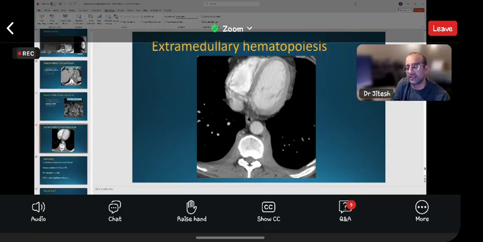When we see bulky lymphadenopathy involving more than one compartment, they're aggressive tumors, small cell lung cancer, right? It is difficult to differentiate those tumors from lymphomas when imaging a patient for the first time. Lymphoma is the most important differential when we have multi-compartment lymphadenopathy, which could be small cell lung cancer or lymphoma.